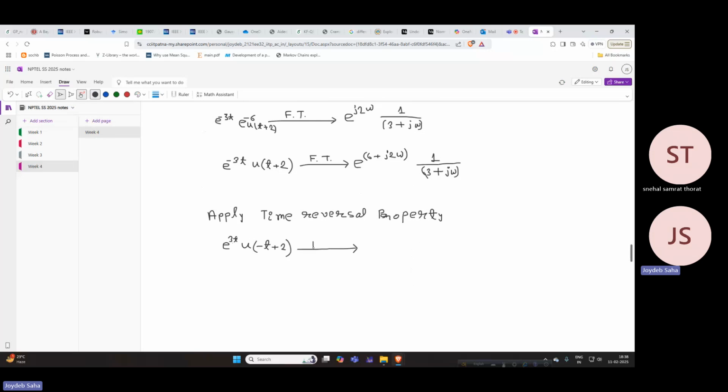Its Fourier transform is e to the power (6 minus j2 omega) times 1 upon (3 minus j omega).